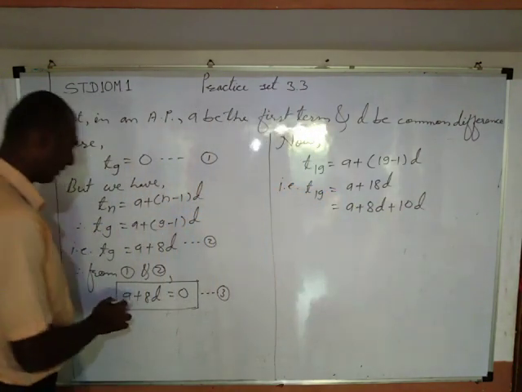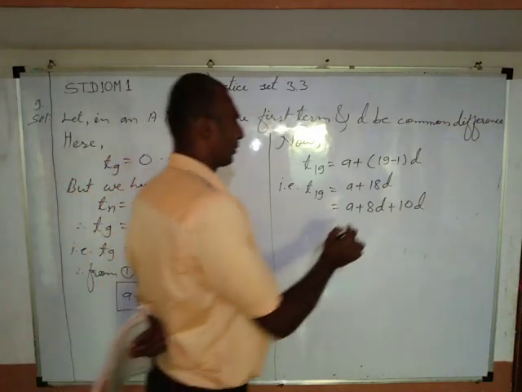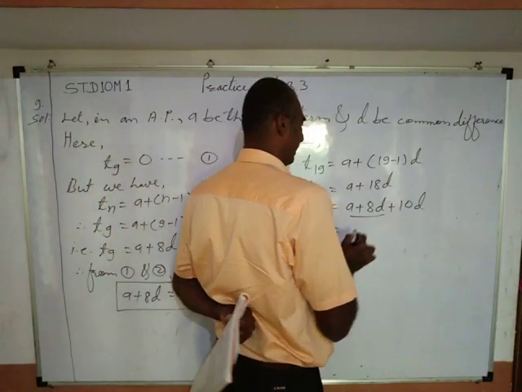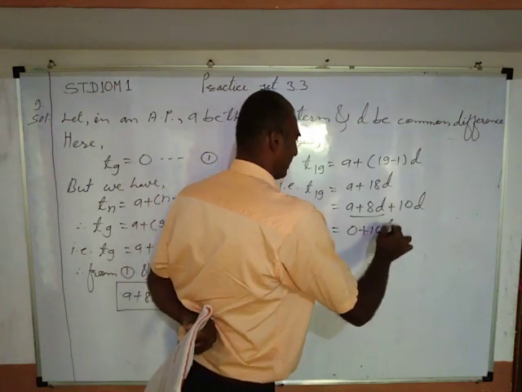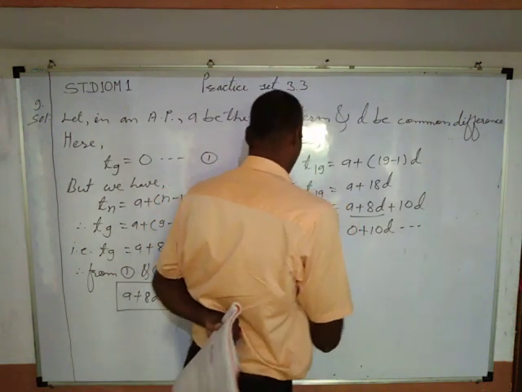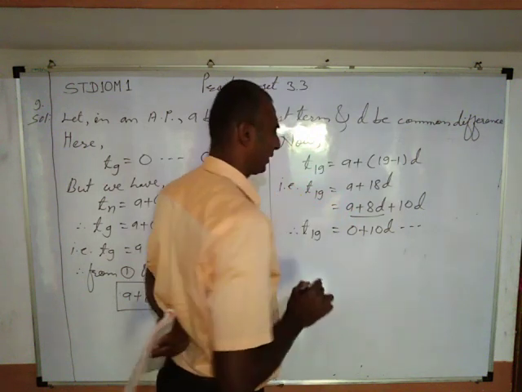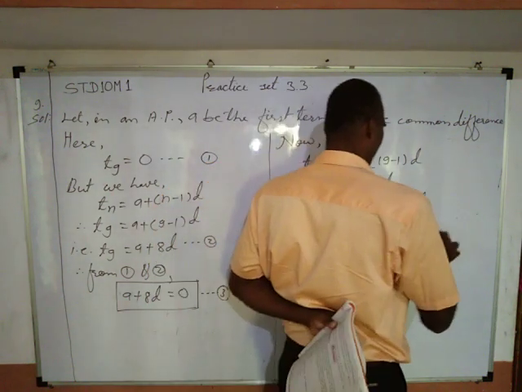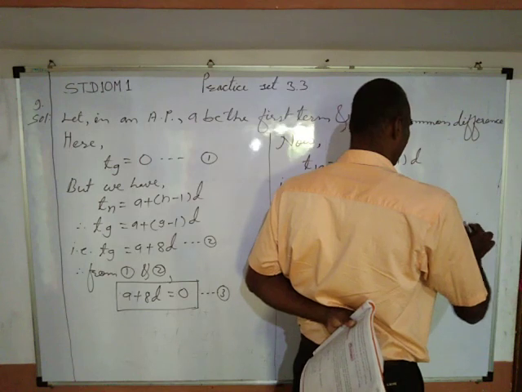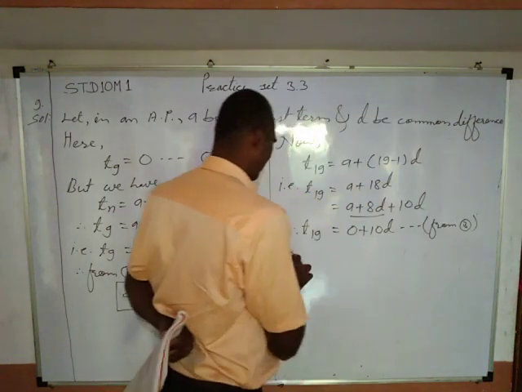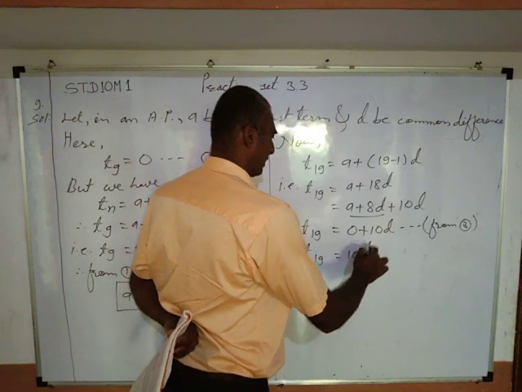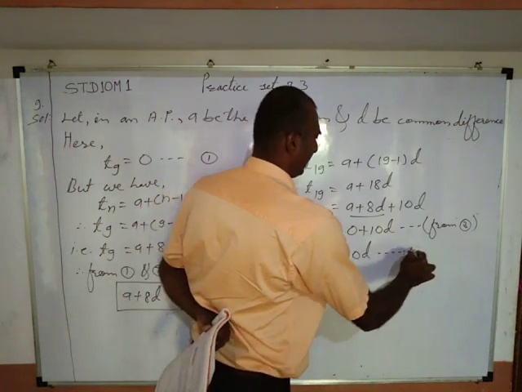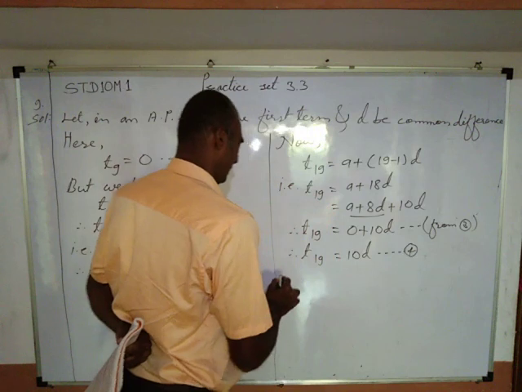And already we have a plus 8d equals 0. Let's put the value of a plus 8d as 0. 0 plus 10d. Therefore, T19 equals 0 plus 10d from equation third, and therefore T19 equals 10d. Let's call it equation fourth.